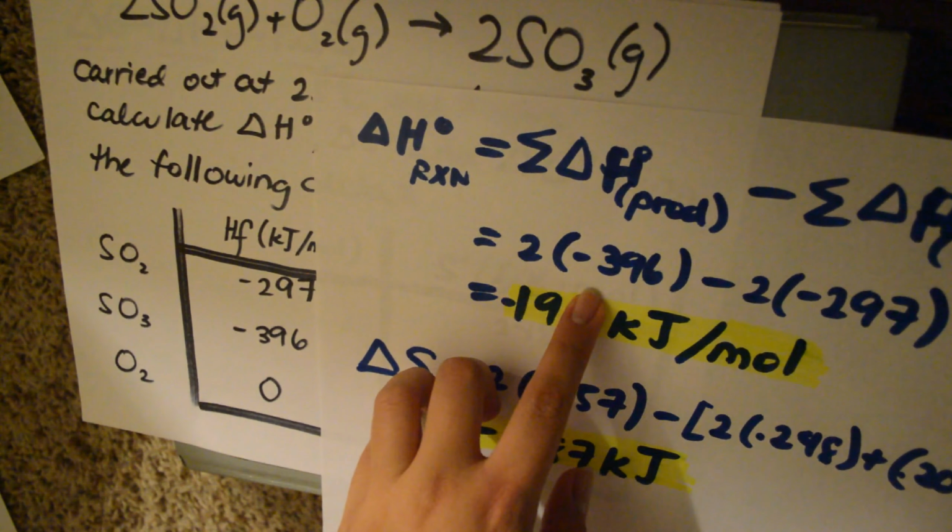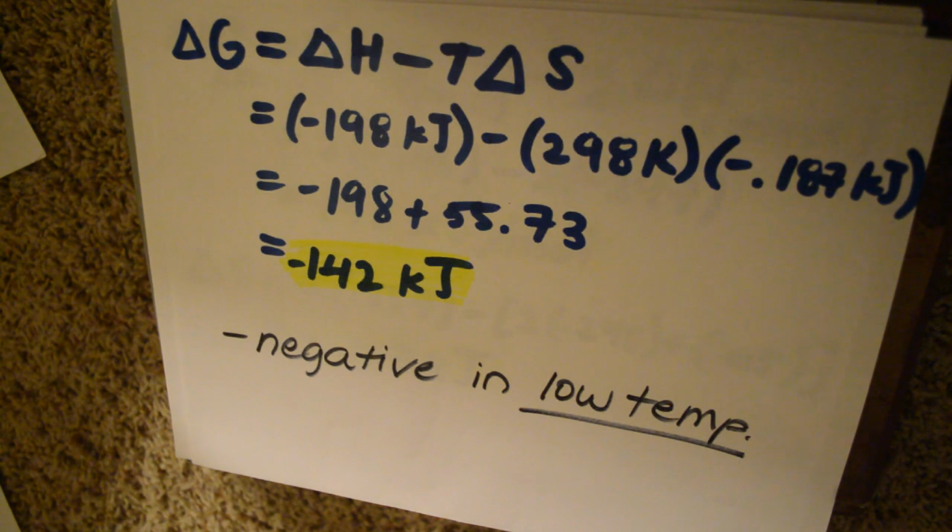So now that we have the values of delta H and delta S, we could just go ahead and plug them into the equation. So plugging them in, we have negative 198 kilojoules minus the temperature given, which is 298 Kelvin, times negative 0.187 kilojoules, and so I ended up getting negative 142 kilojoules.